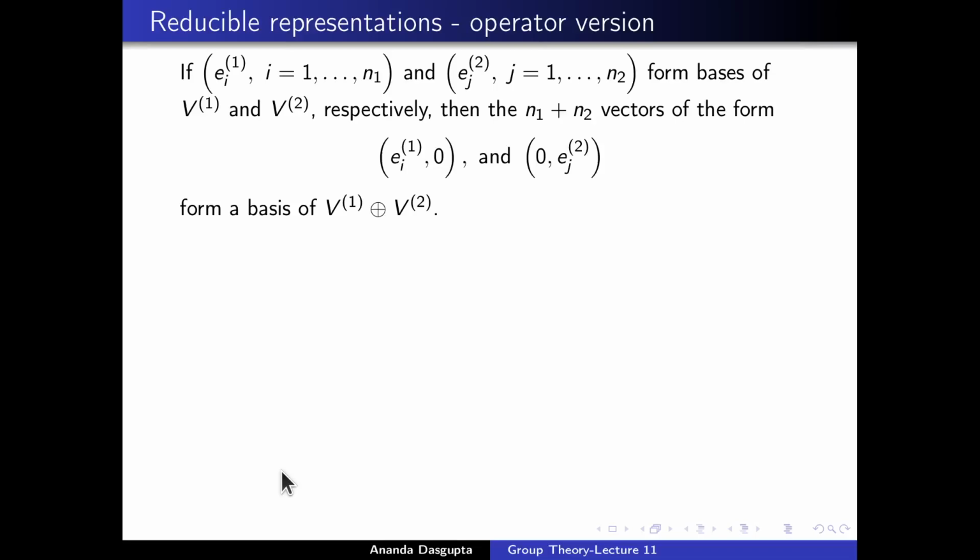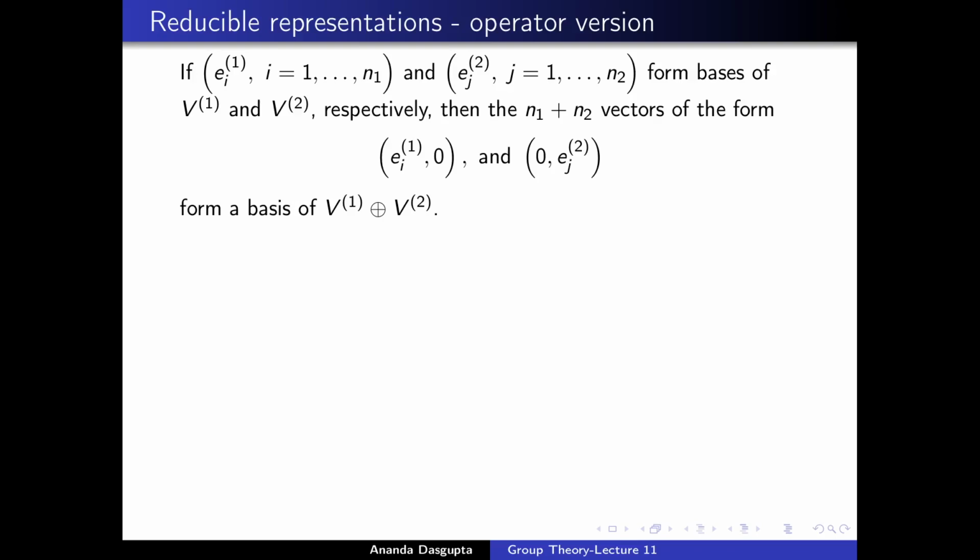Now that we have an ordered set of n1 plus n2 vectors which form a basis of the direct sum vector space V1 ⊕ V2, we are in a position to talk about what the matrix representation corresponding to the direct sum representation of two representations L1 and L2 on V1 and V2 respectively looks like with this particular choice of basis.